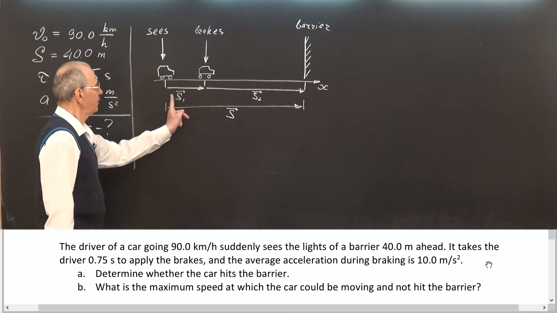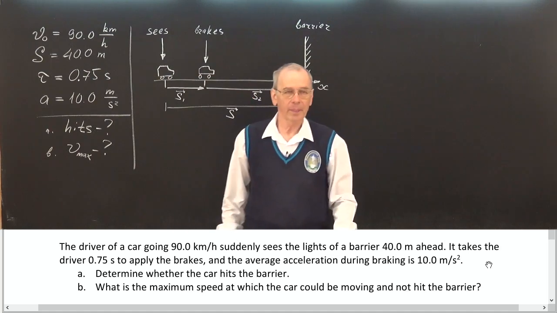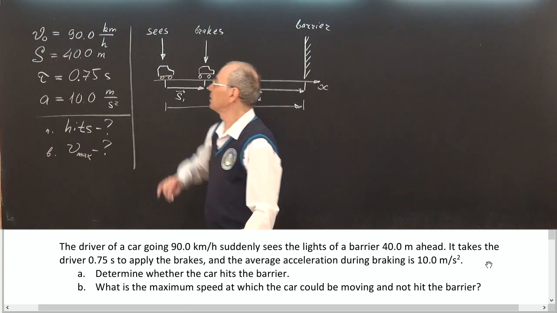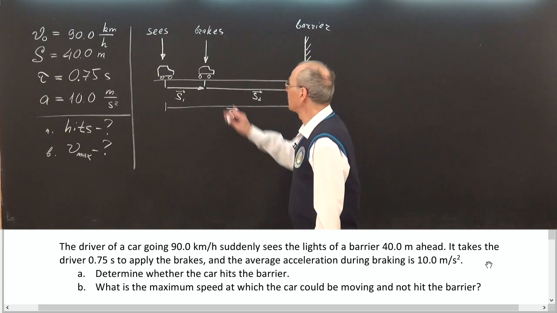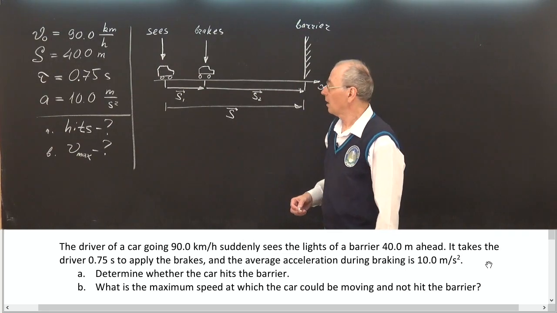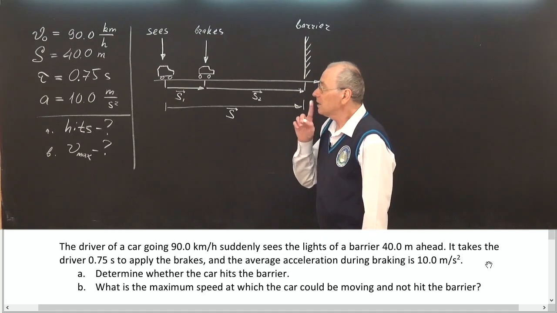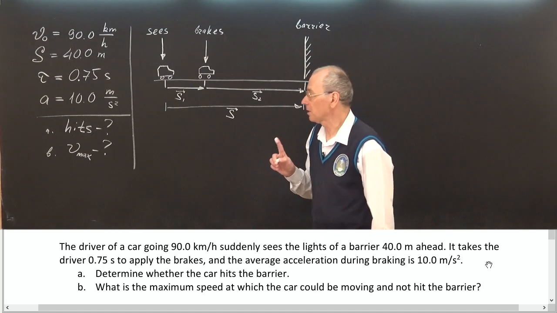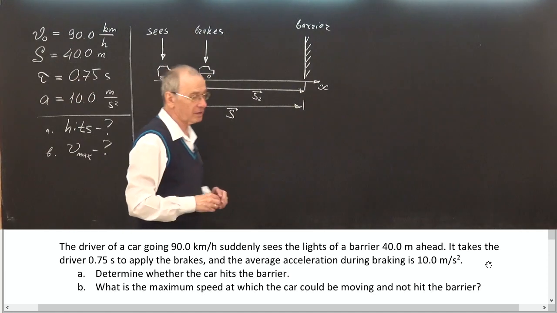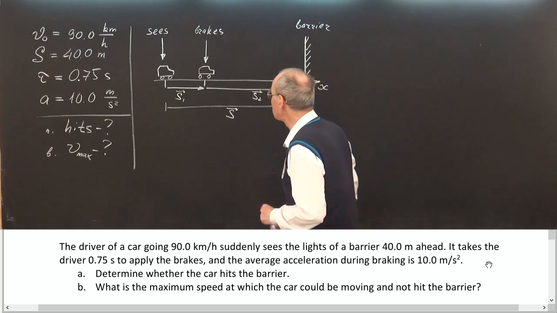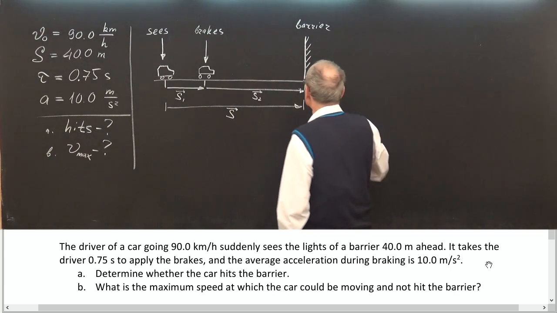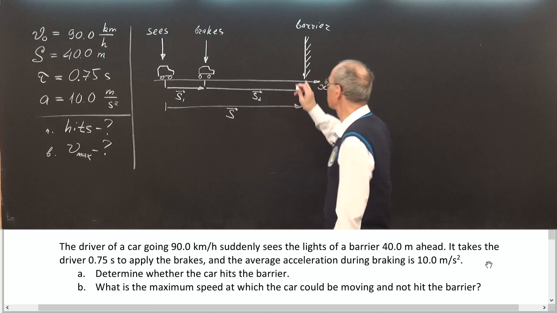During the displacement S1, the car moves at a constant speed of 90 kilometers per hour. Then the car starts braking, decelerates. Let's first answer the question: what is the maximum speed at which the car can move without hitting the barrier? So it stops immediately in front of the barrier.